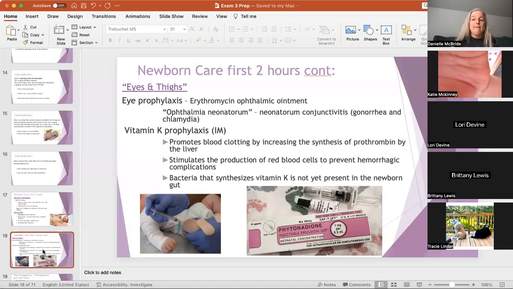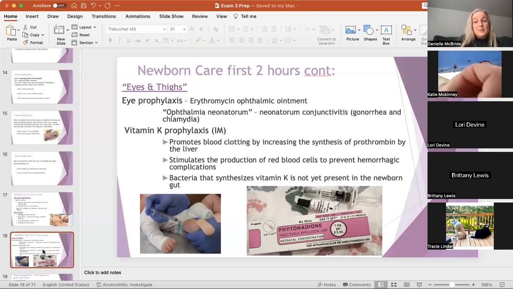It helps with clotting. All right, so it helps for blood clotting and for hemostasis, because babies, when they're born, we have kind of a couple things happening. We have an immature liver, and then we have a sterile gut. And the gut is where they produce the vitamin K. And so these two things together can cause the baby to be at risk for vitamin K deficiency bleeding.